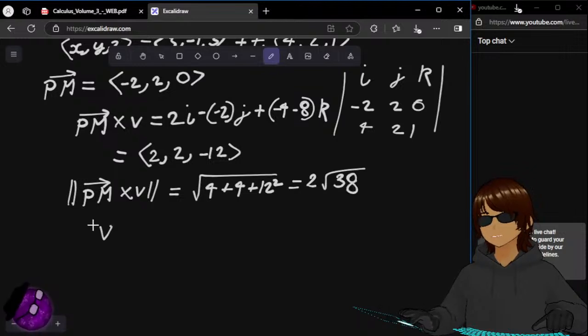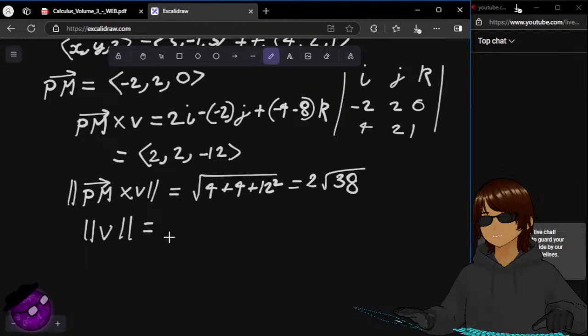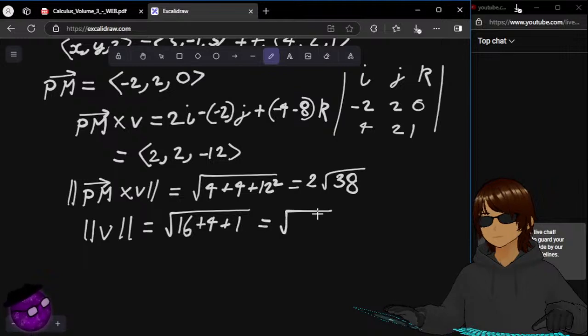And then for just v, I have 4 times 4 is 16, plus 4, plus 1, which is root 21. Root 21 doesn't simplify.